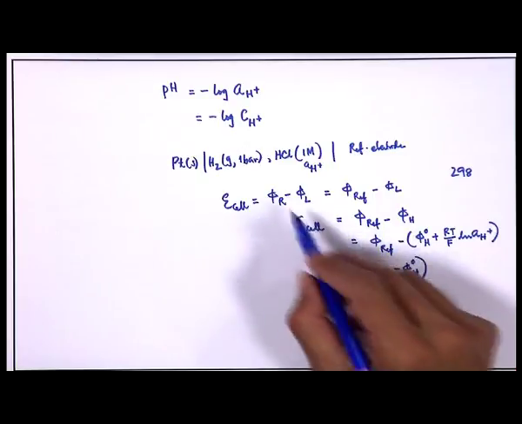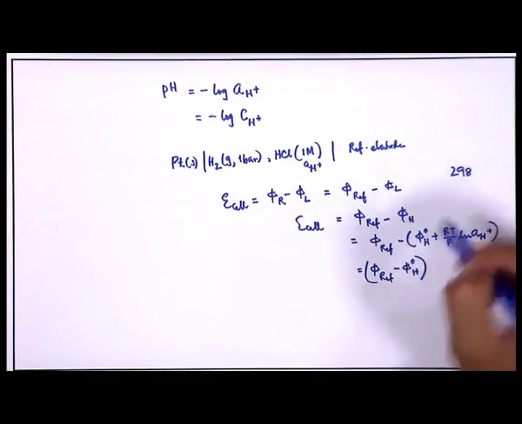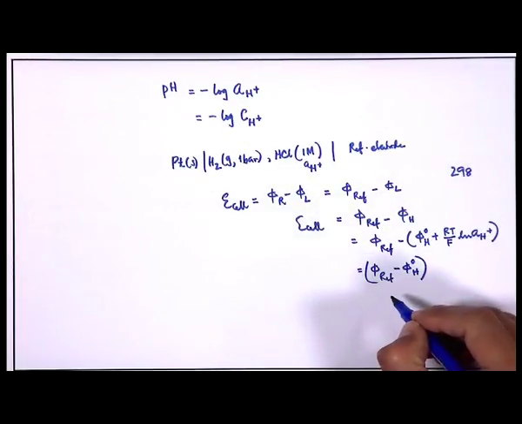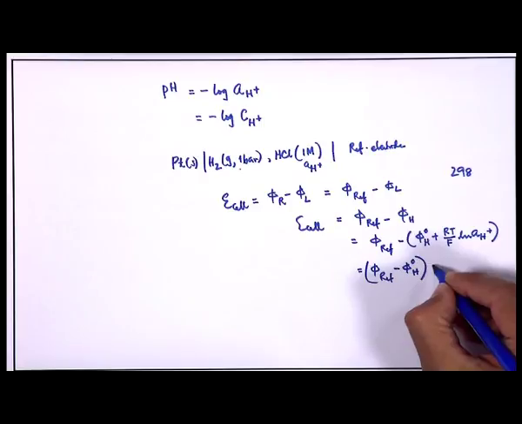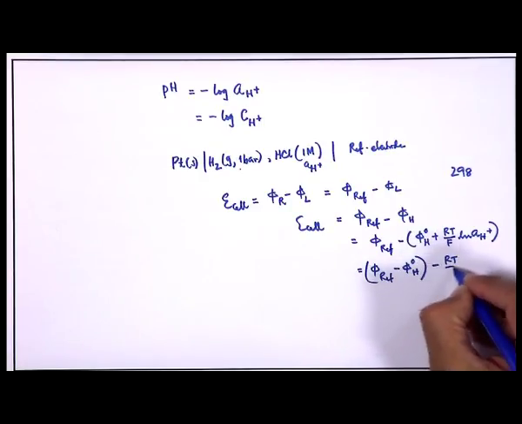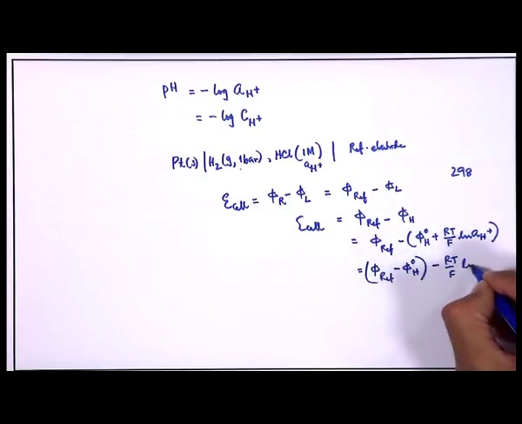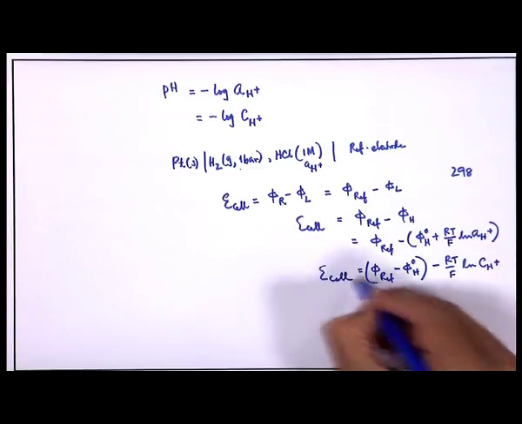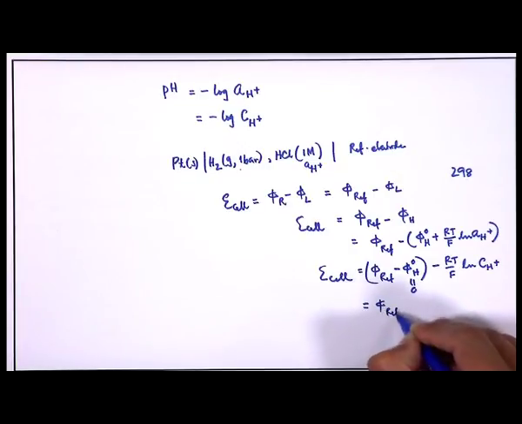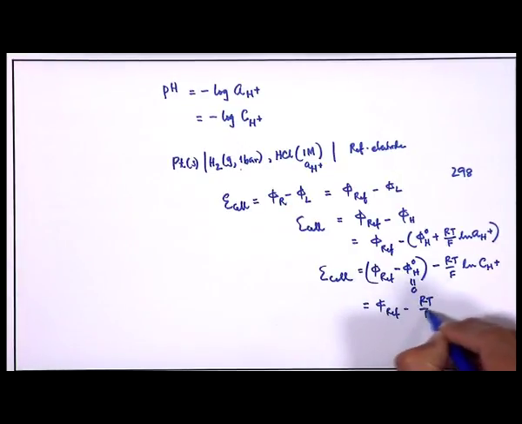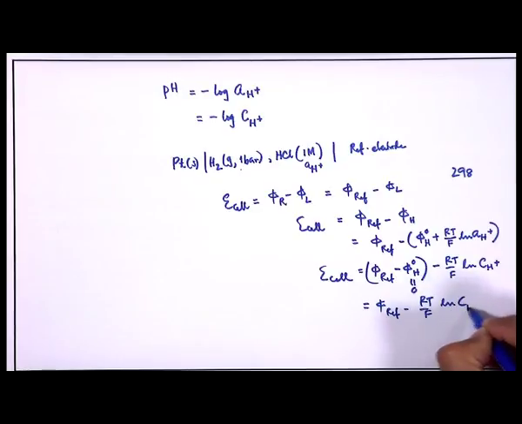minus phi 0 H, which at 298 Kelvin and at 1 atmosphere pressure is assumed to be 0, because in this case the condition is that you need to have your pressure kept at 1 bar. Then minus R T by F ln concentration of H plus. So, therefore, E cell is phi reference minus R T by F ln C H plus.